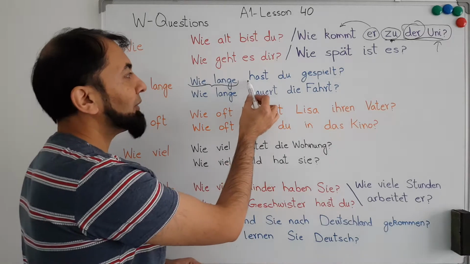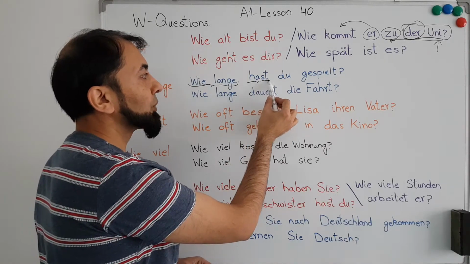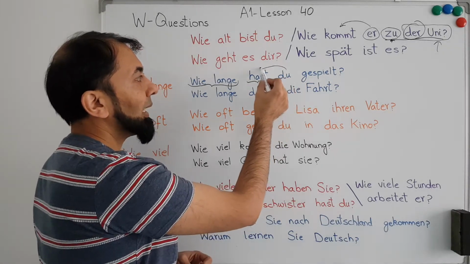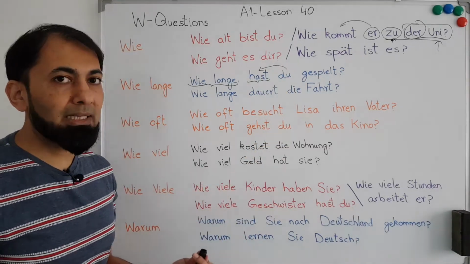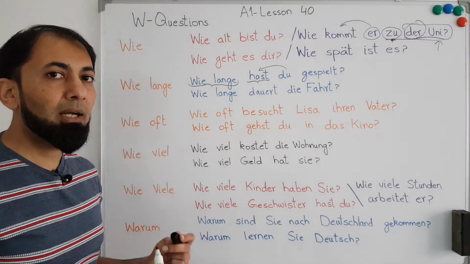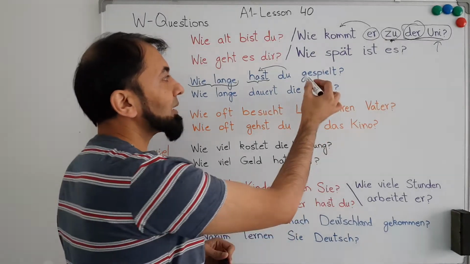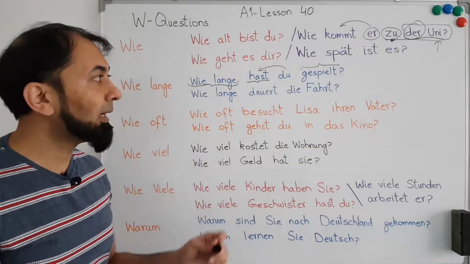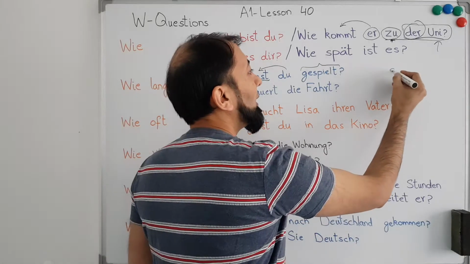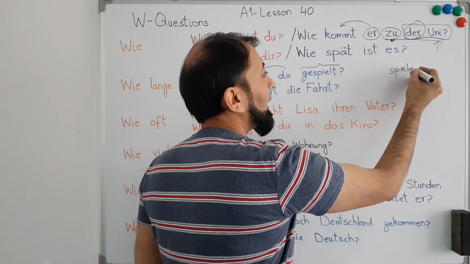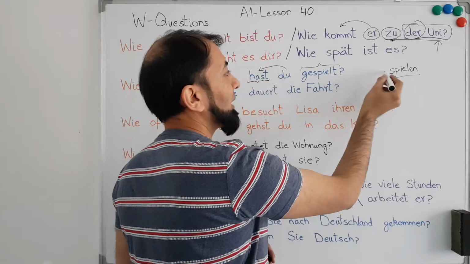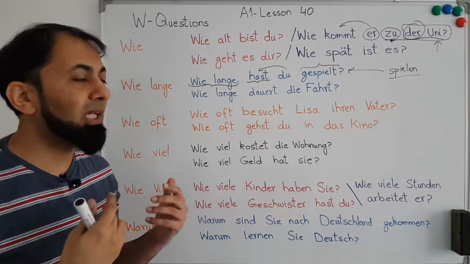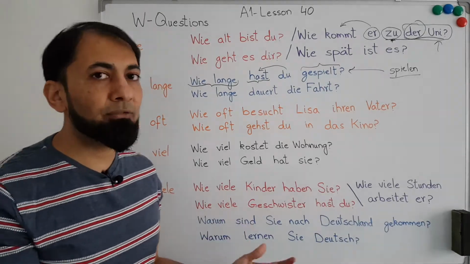Then we know that in the perfect tense we have to use the sein or haben verb, and we have to conjugate it with respect to the subject, and with respect to du as a subject, haben will become hast. We know that the participle, or the perfect form of the verb, will come at the last position of the sentence, and spielen is a verb which means to play, but in the perfect form it becomes gespielt. So here we have used the perfect form because we are asking how long have you played.